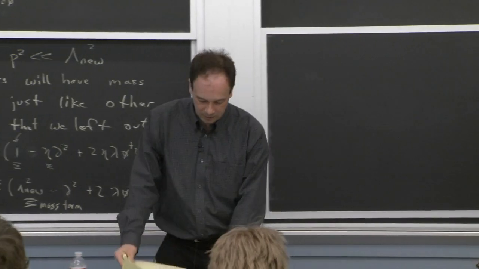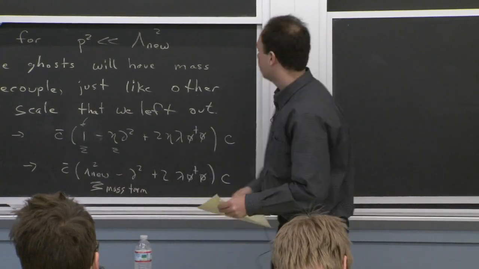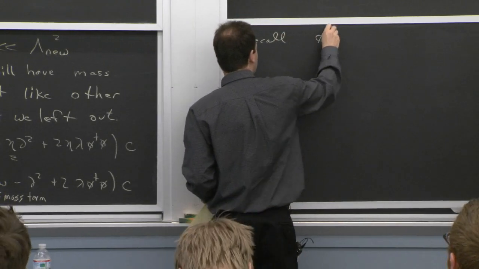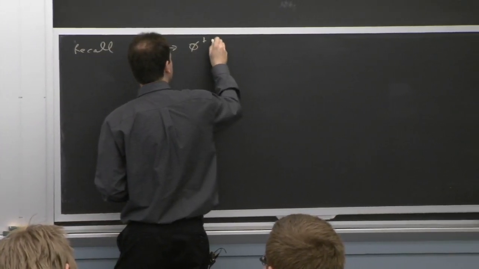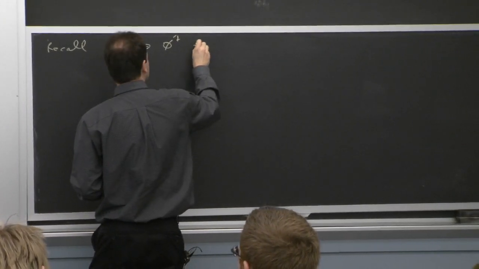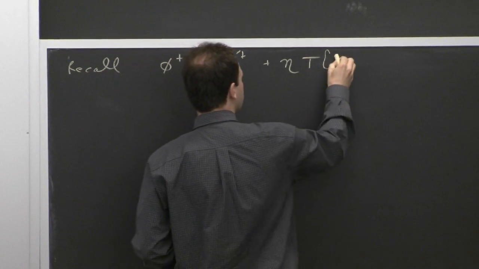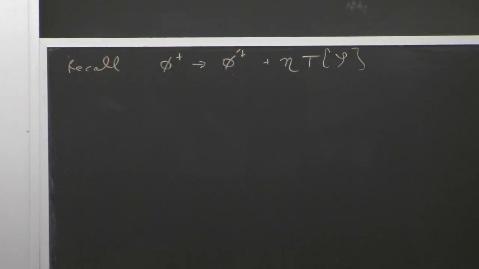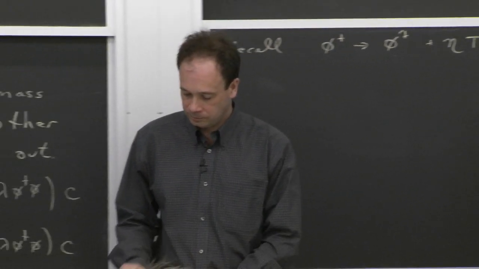So if you look back at what our field redefinition was, and you trace back where that 1 came from, we had a field redefinition that was of this form, and this guy was a function of other fields. But we always had this term. And that term was related to the presence of this 1, and that was important for this argument. Okay?